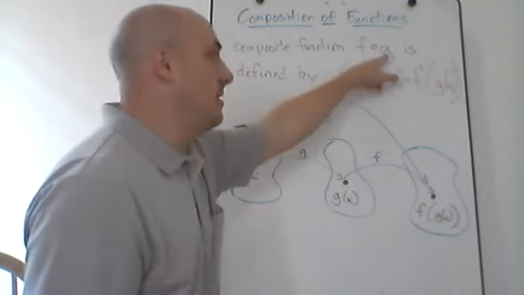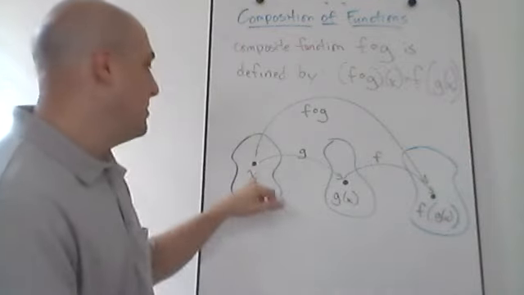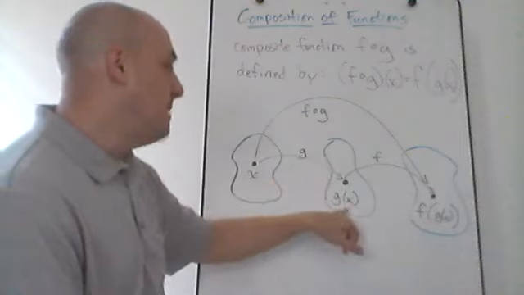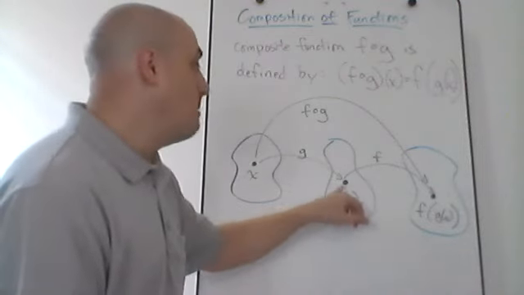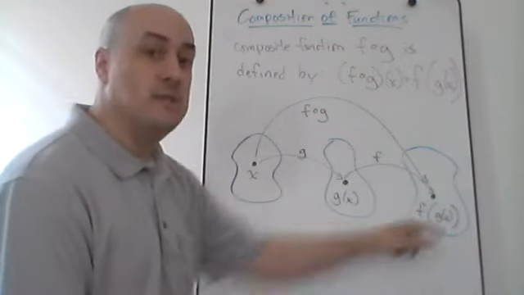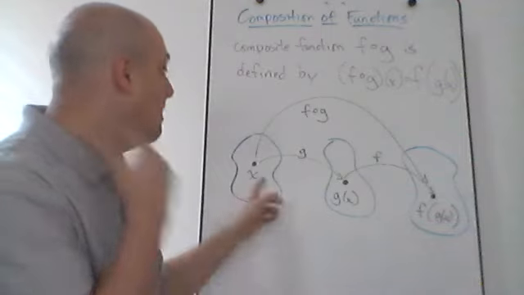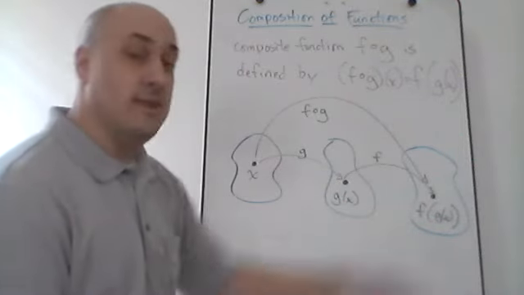We start with the last function on the list and work our way toward the first one. We plug x into the g function, we get g of x. We then take that g of x and plug it into the f function, and that gives us f of g of x. In this mapping diagram, the output for the first function becomes the input into the next function.